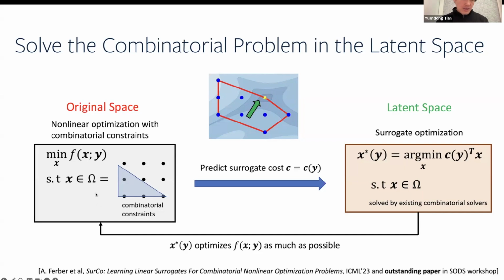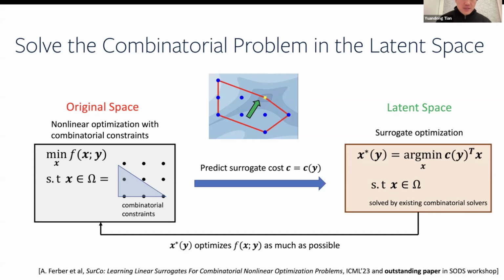In other words, while the original space has nonlinear optimization problems that are very hard to solve, we try to predict a surrogate cost that gives you a linear optimization problem subject to the same combinatorial constraints. And the final solution will optimize the original nonlinear problem as much as possible.